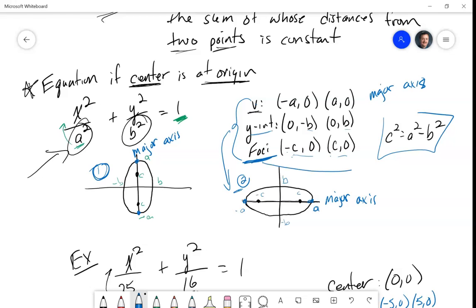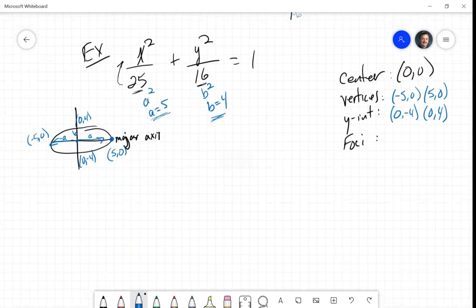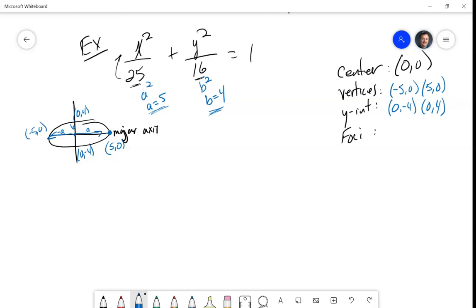So my two focus points can be determined using this formula that's really similar to the Pythagorean theorem, with one exception. It's not a squared plus b squared equals c squared, but rather a squared minus b squared is equal to c squared. So now let's bring this down and focus on this here.